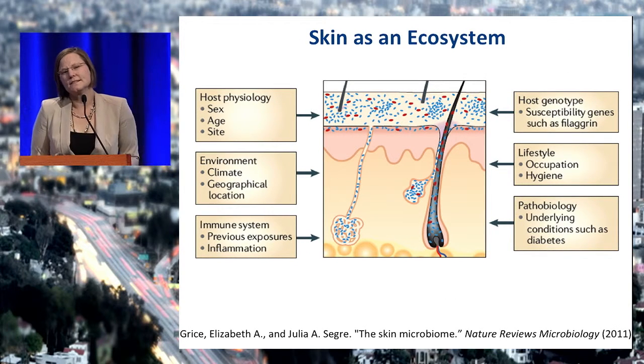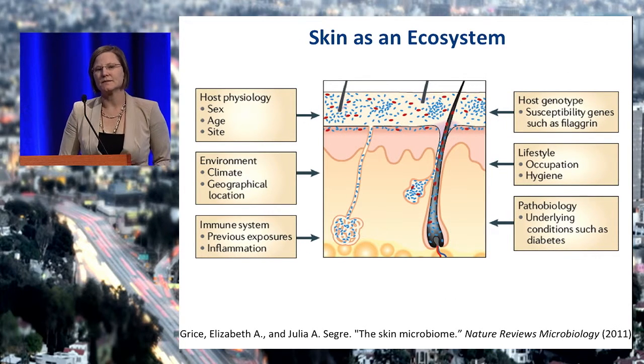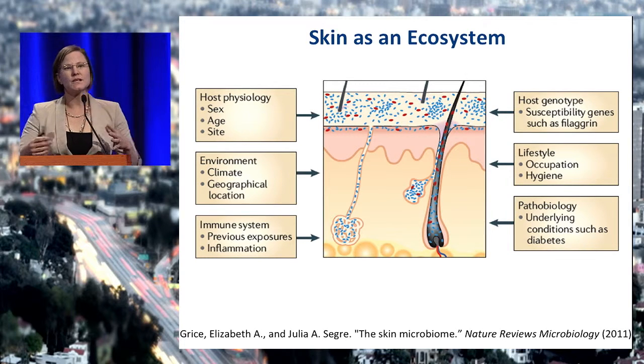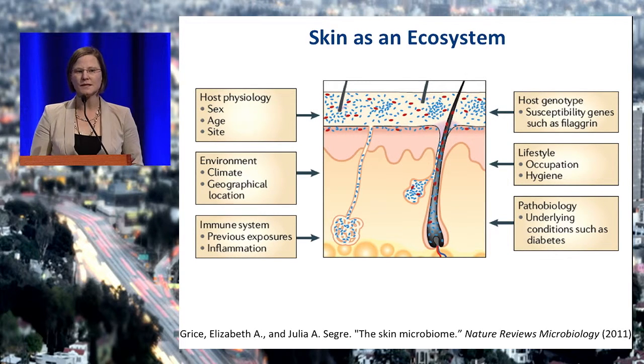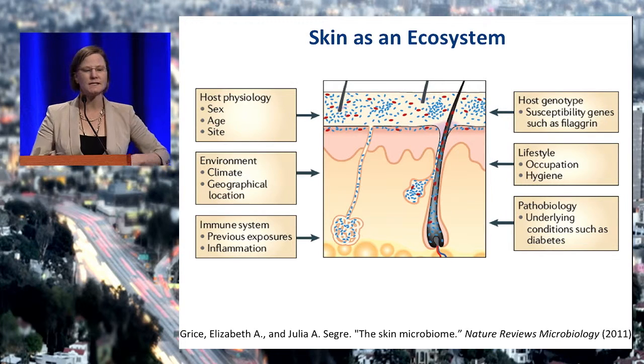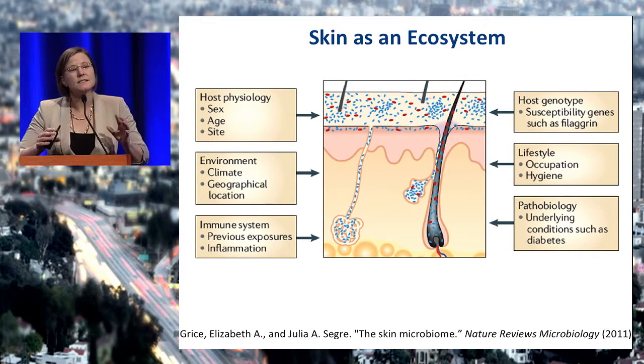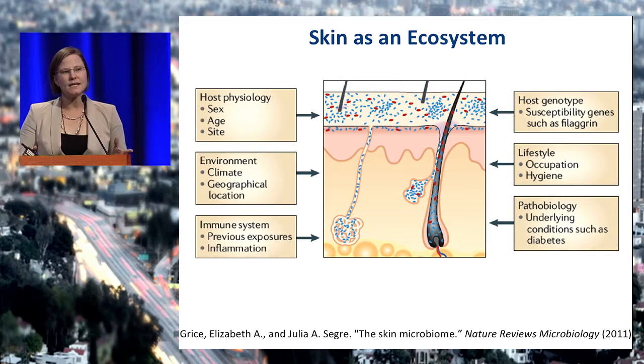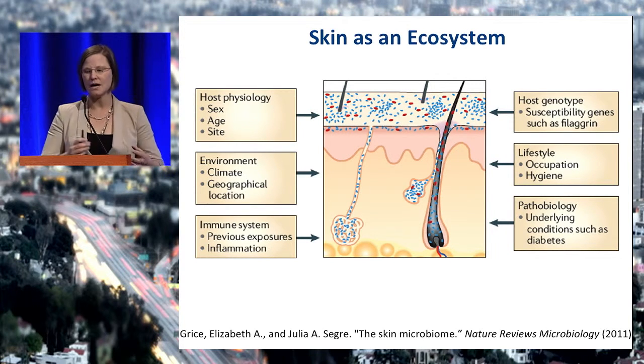So what is making up this ecosystem? In fact, it's a combination of many different pieces. It's the host physiology, the sex, the age, the site of the organism that we're looking at. It's the environment. It's understanding the host genotype and how it interplays with these microbes.